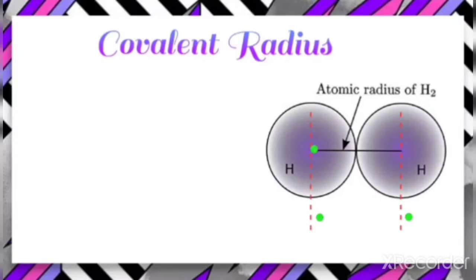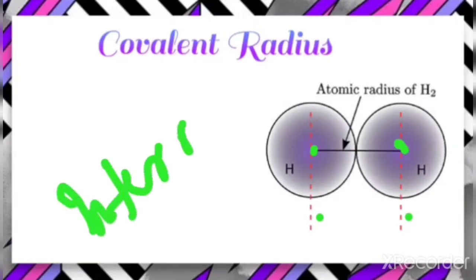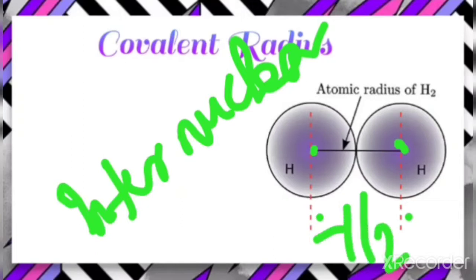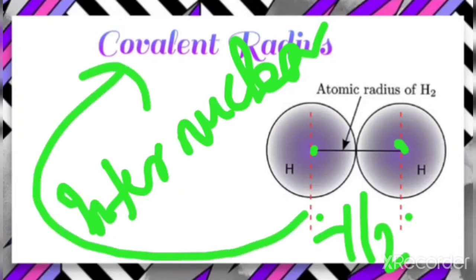Internuclear means this is the nucleus of this atom, this is the nucleus of this atom, so the distance between the two nuclei is called the internuclear distance. From this internuclear distance, we take half, and that gives the covalent radius.